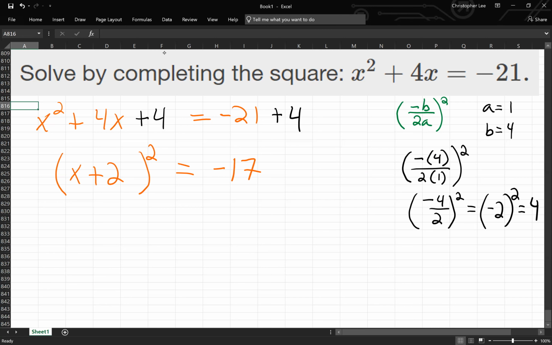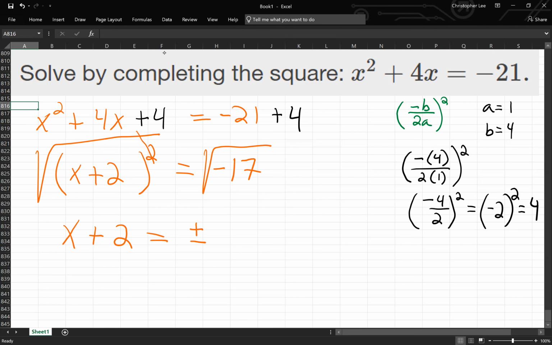I want you to solve for x. So what am I going to do? I'm going to square root this side, but what I do to one side of the equation, I have to do to the other side. The square and the square root will cancel out, leaving just x plus 2 equals. And then what's the square root of negative 17 going to be?